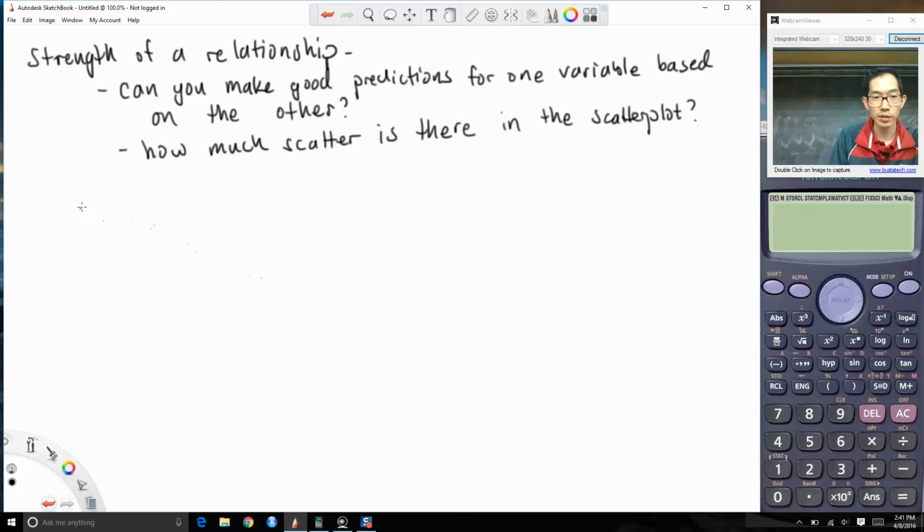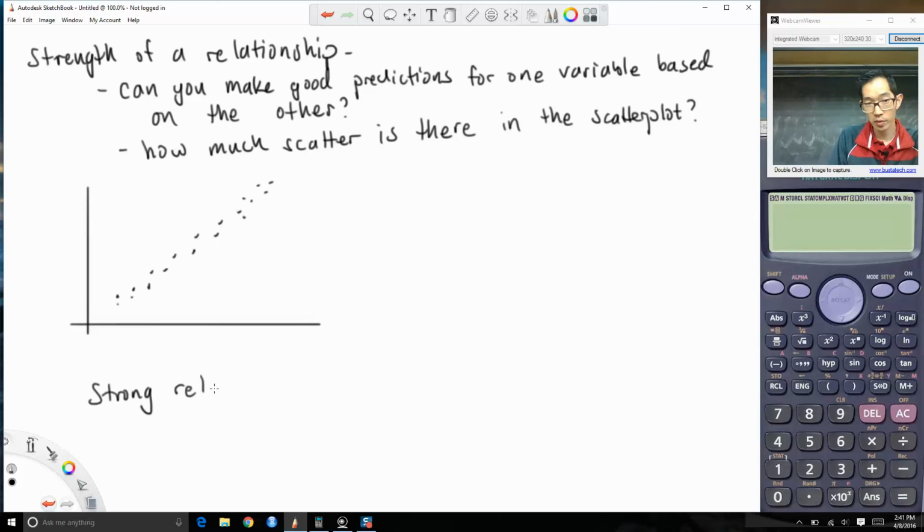Okay, so here I'll show you two positive relationships, and this one, something like this. Okay, this would be a strong relationship. If you have some value x here, can you make predictions for y?